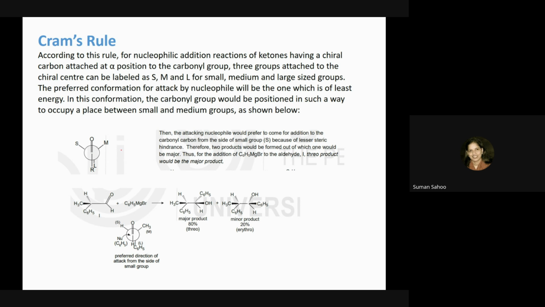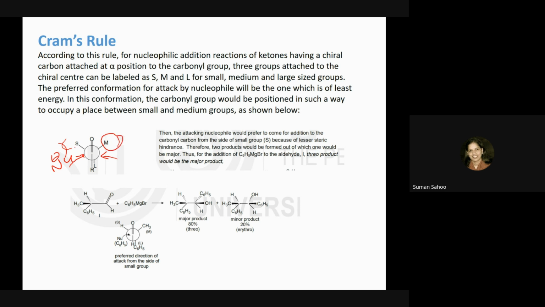It has a chance to attack from this side or this side, but it will attack from the side of the small group, because there the nucleophile experiences less steric hindrance as compared to when you have a medium sized group.